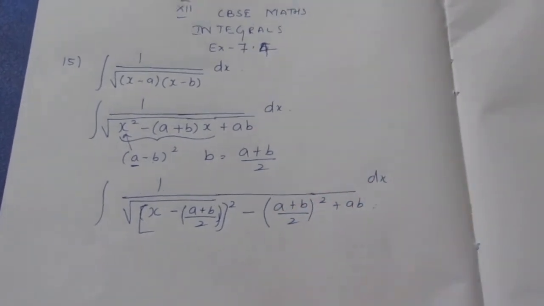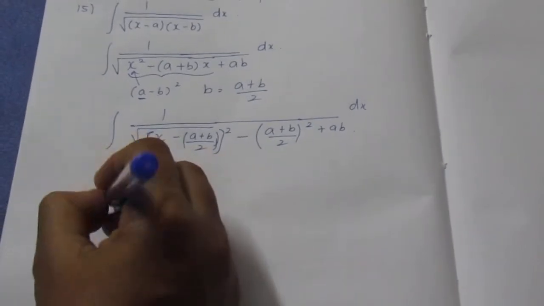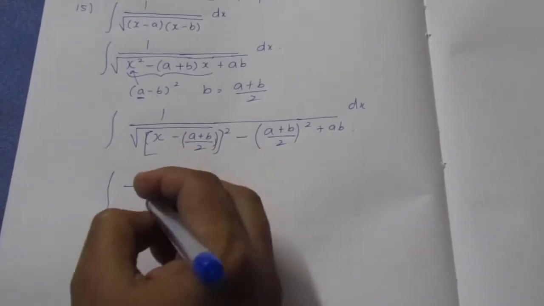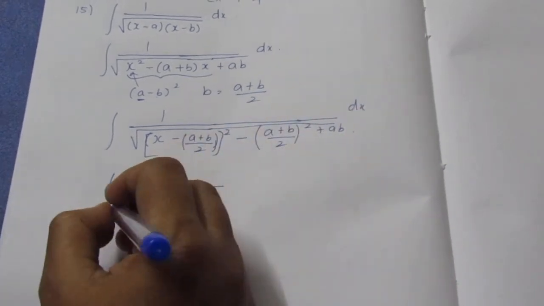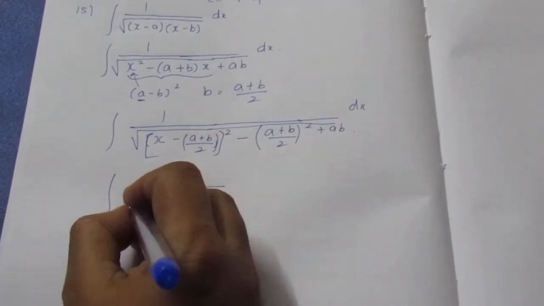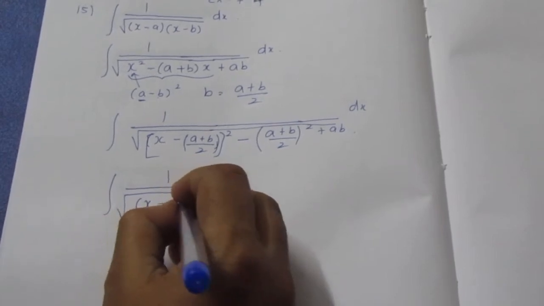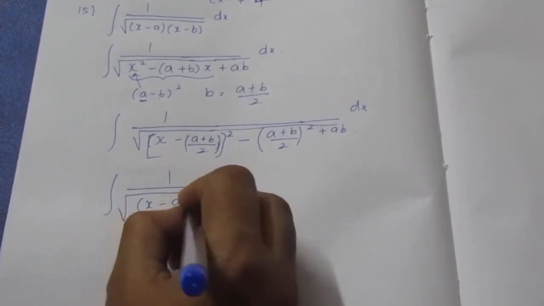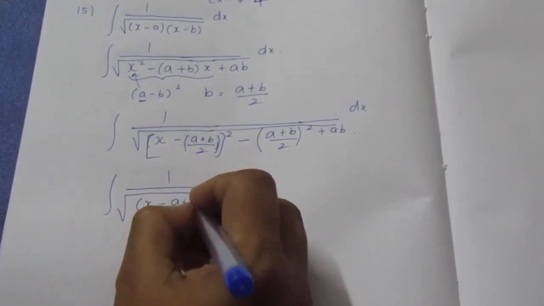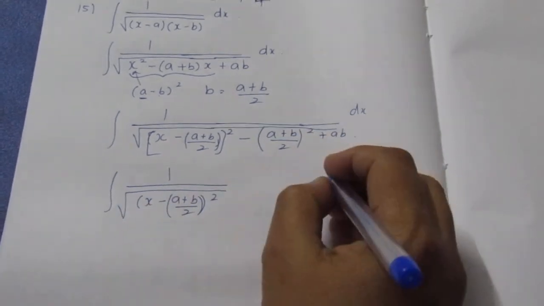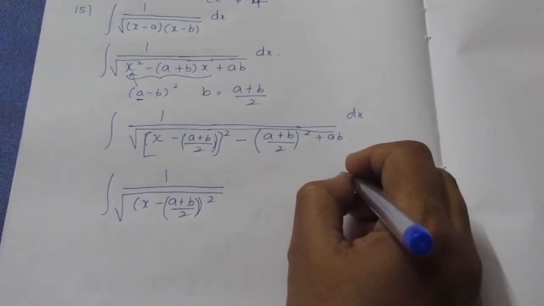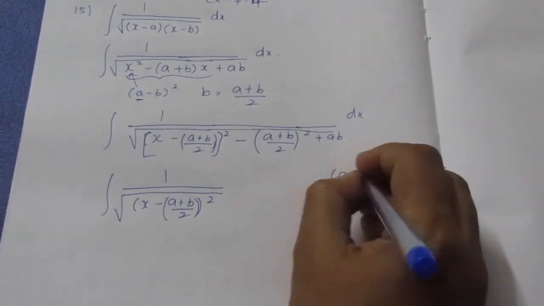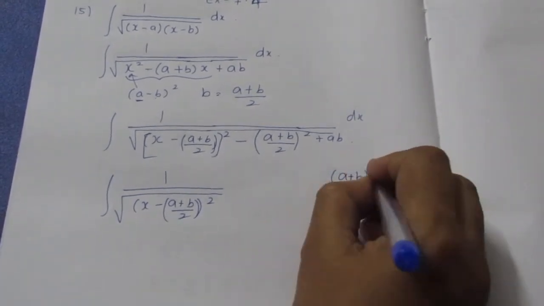Now solve this, it becomes integration 1 by, everything is in root, so it becomes root of (x minus (a plus b) by 2) the whole square. Here I'll solve and show that it becomes (a plus b) the whole square by 2, plus ab.